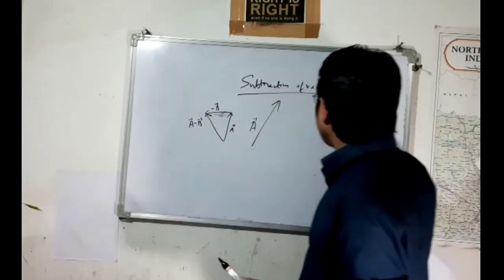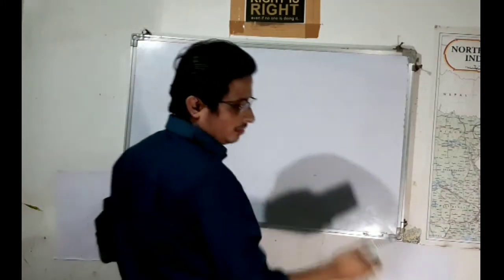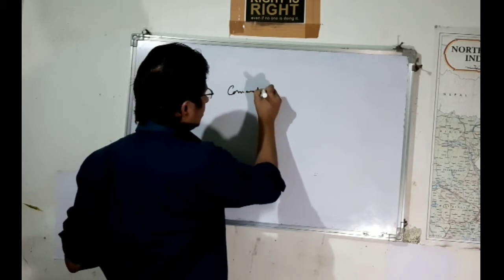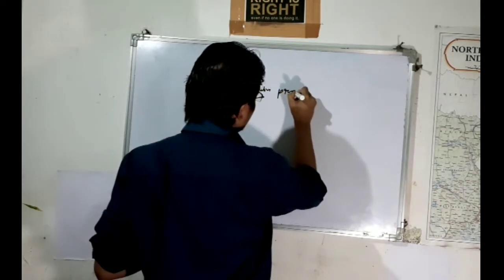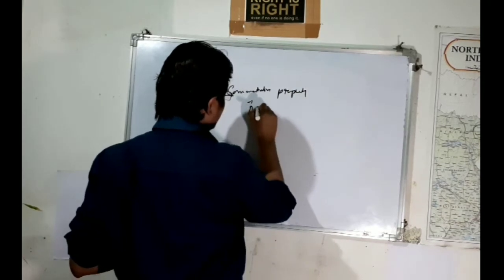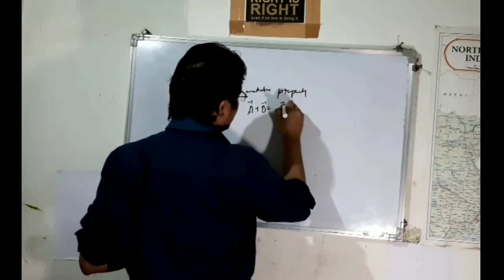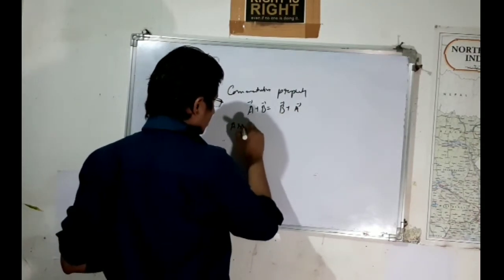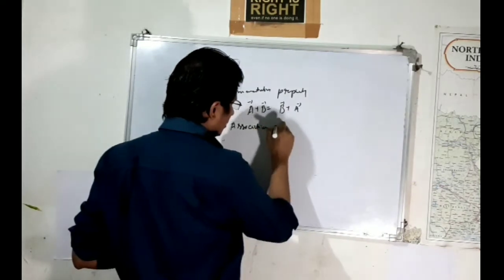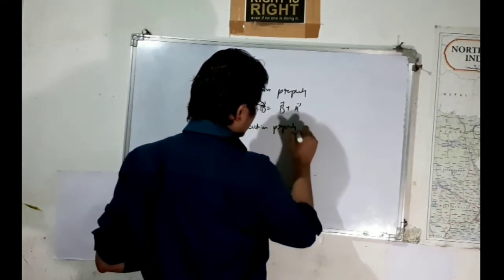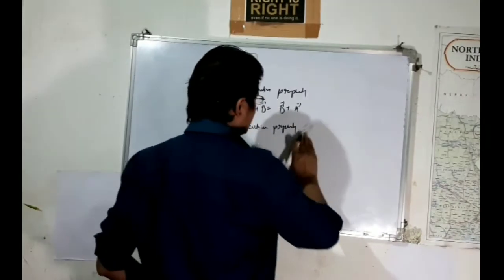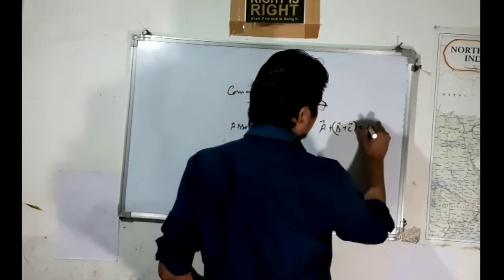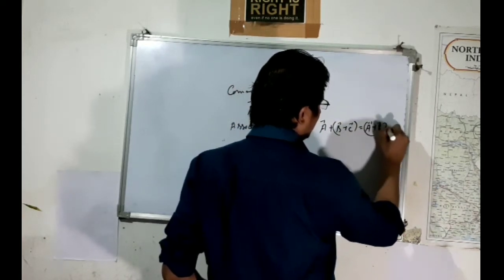That means, for vector addition, the commutative property means A plus B is equal to B plus A, and the associative property means A plus B plus C equals A plus B plus C, however grouped.